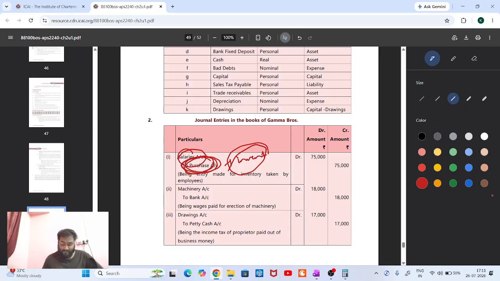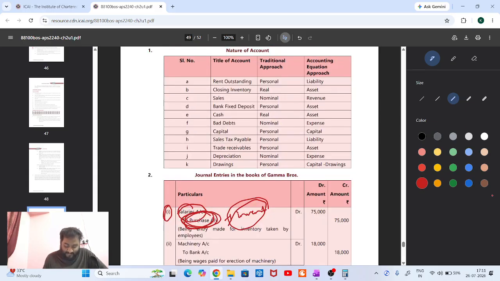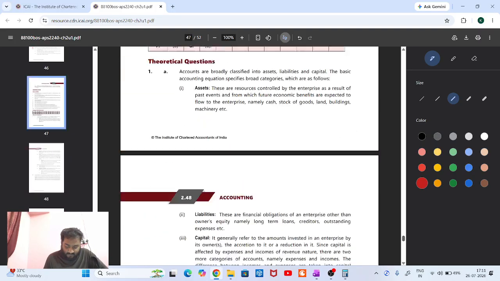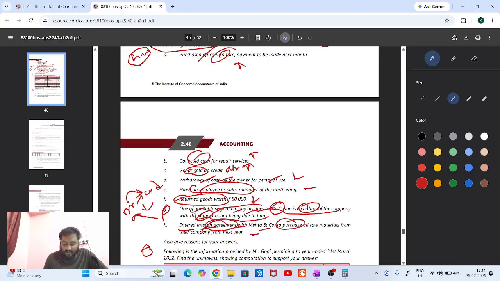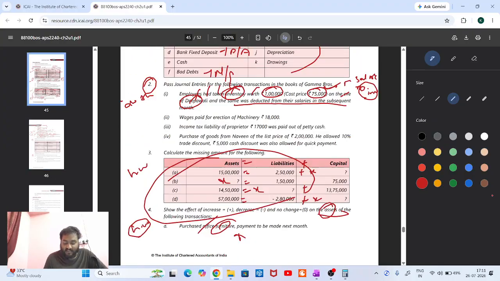It is not that I made a mistake, but they are wrong. Why did we take purchases? It is the same logic as we discussed. We purchase something and keep it as our inventory. What is inventory? Inventory is stock.